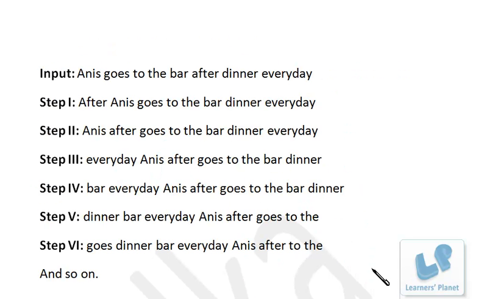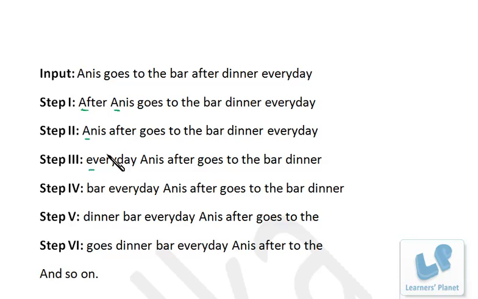Now friends, let's see this case, this is the input and this is step 1. After is going at the first place, then anise, and further anise comes at the first place and after is going at the second place, and remaining words are as they are. Then every day is coming. Now what's there? It's A and this A and this E. So what's happening?